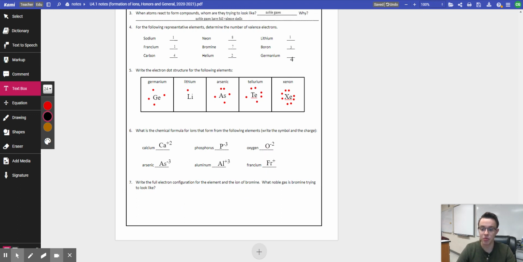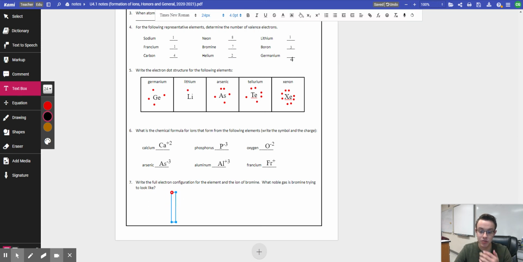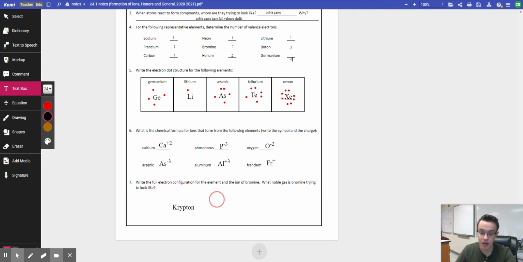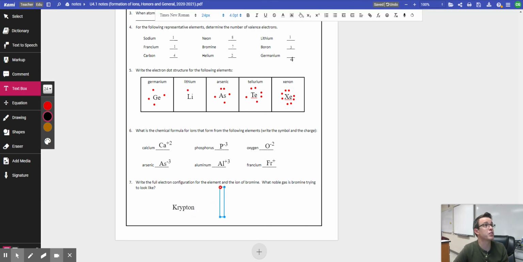Okay, so number 7, write the full electron configuration for the element and the ion of bromine. What noble gas is bromine trying to be like? The noble gas bromine is trying to be like is the next nearest one. So that's going to be krypton. And for the sake of time, I'm not going to write out its whole electron configuration, but I am going to do just that last little bit there in the p block.